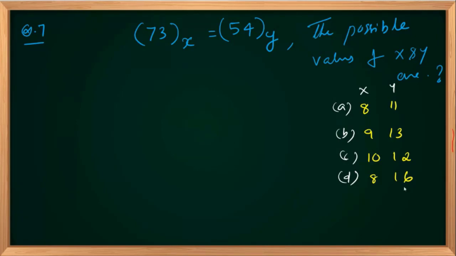An equation is given. Left hand side is base x, right hand side is base y. Then the possible values of x and y are four options. Option A is being answered. Very good. What about others?